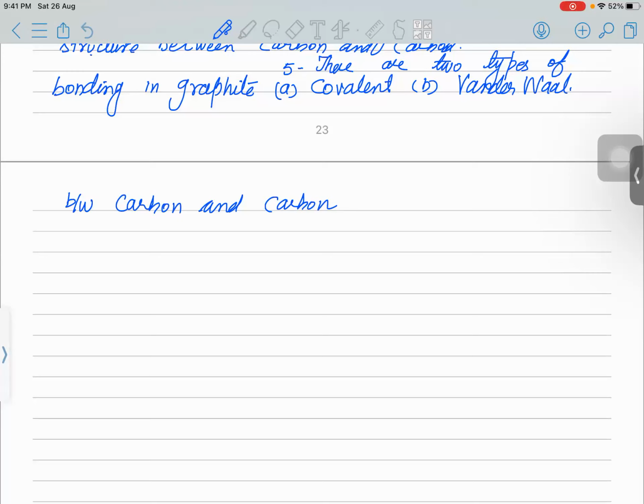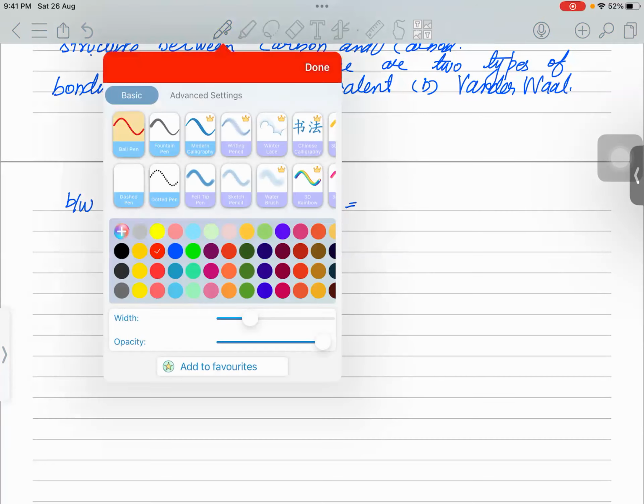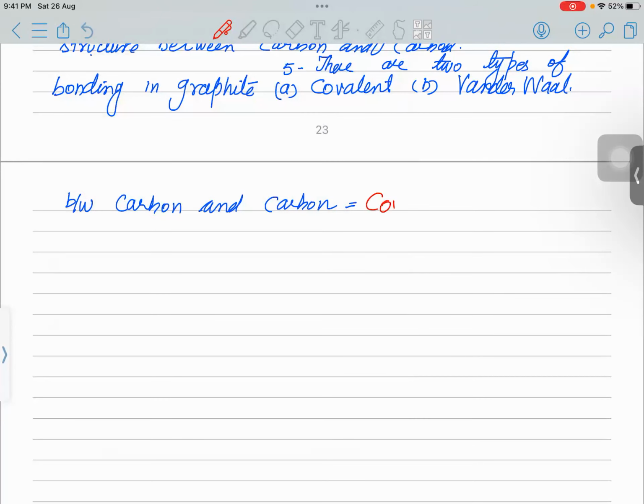Okay. So between carbon and carbon, covalent bonding.